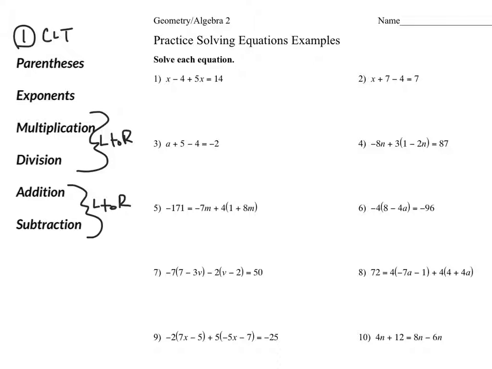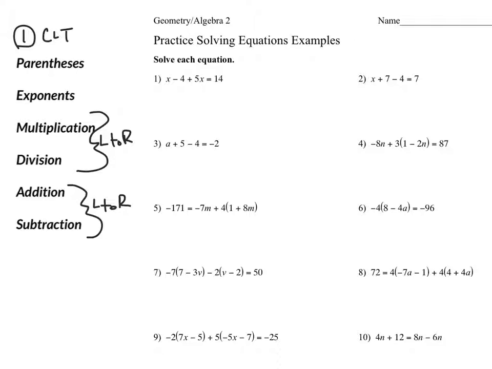CLT is what I call it, combine like terms. Is there anything on the same side of the equation that I could put together to make it one term as opposed to 2 or 3 or 4 or whatever it may be? Then once I get done with combine like terms, I'm going to look at using PEMDAS backwards. So I would go addition, subtraction, then multiplication, division.